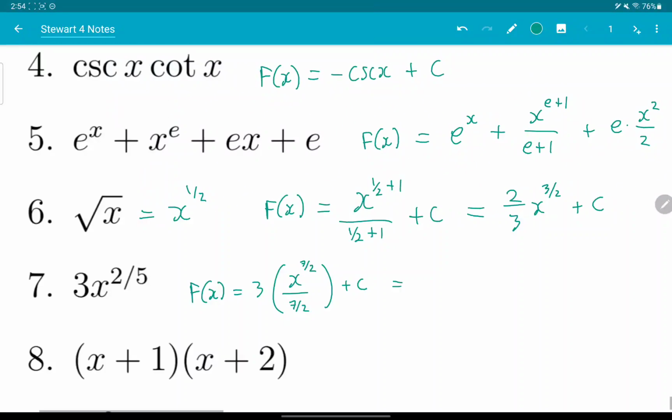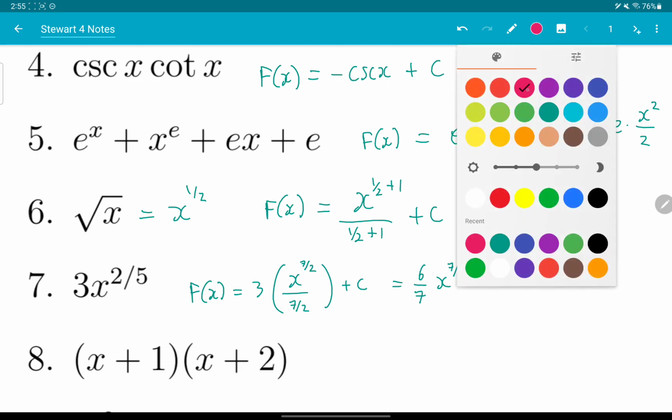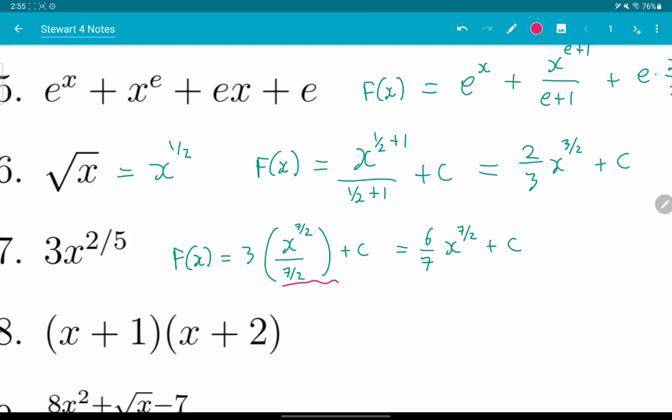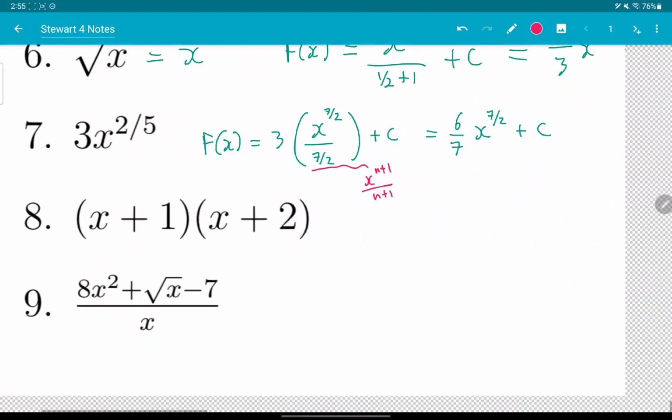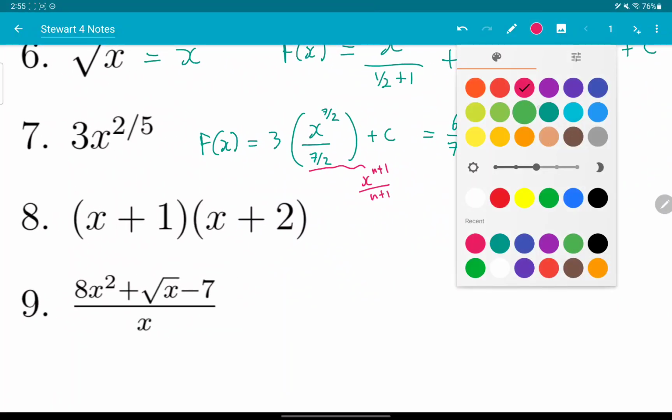So that's 6 over 7, x to the 7/2 plus c. So maybe for your notes, this is x to the n plus 1 over n plus 1. So that formula just never goes away.